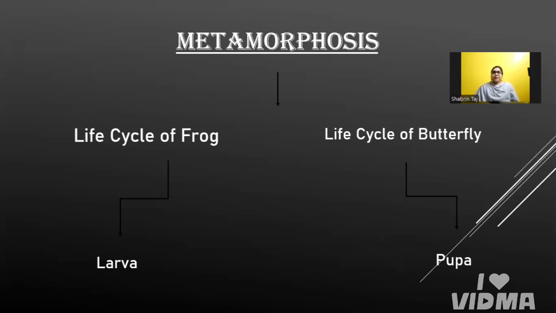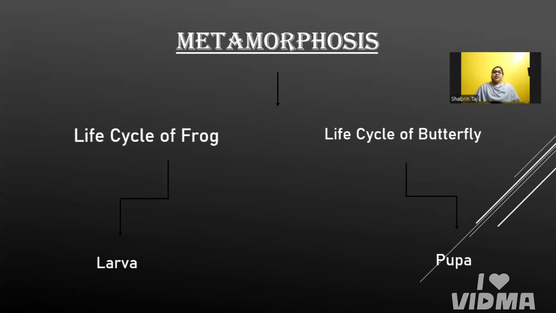Larva is an active and immature form of a living organism. Pupa is an inactive and immature form of an organism. Cocoon is a protective shield-like structure that organisms cover themselves with while undergoing the pupa stage.